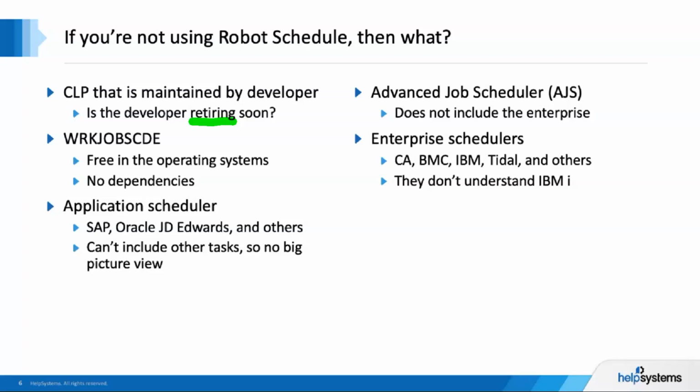What else do we see? Work job scheduled entry. Wow, this was actually introduced free of charge with V2R2 of the operating system back in 1992. And I can still remember how excited I was to get my hands on it at the time. It allows you to schedule jobs to run commands or call programs at specific times on defined days.